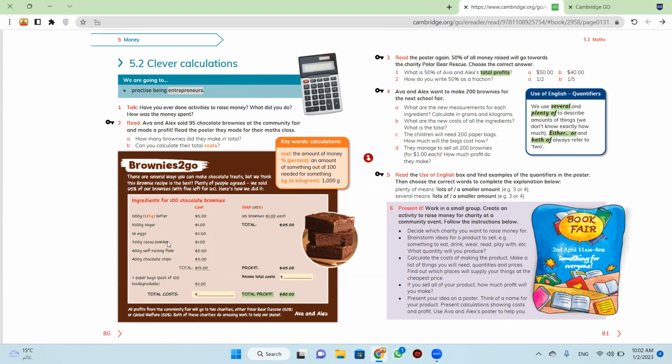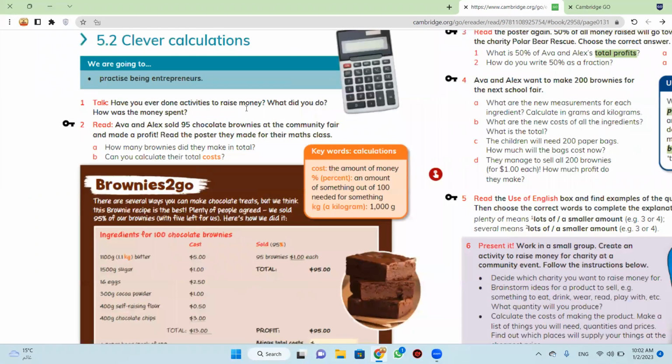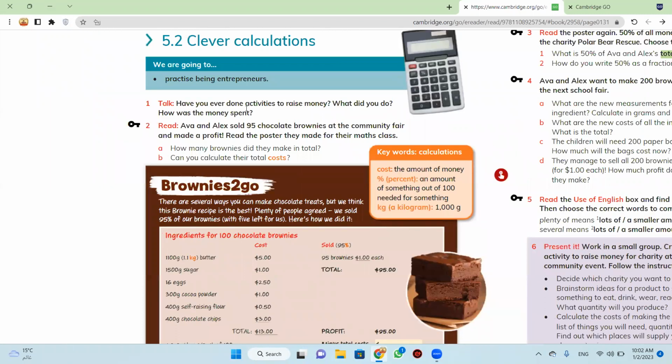So let's start reading the activities and do them together. Activity 1: Have you ever done activities to raise money? What did you do? How was the money spent? What was the most money you have collected?